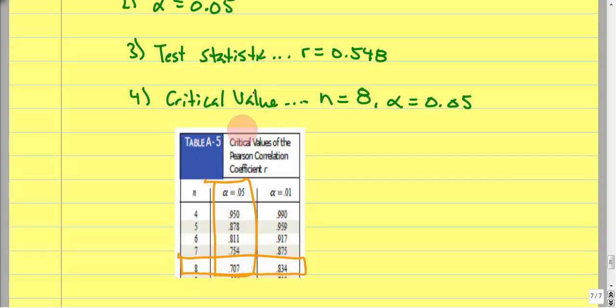And you can see that these overlap right here. So my critical value is 0.707. Okay, let's go ahead and look at our decision rules.